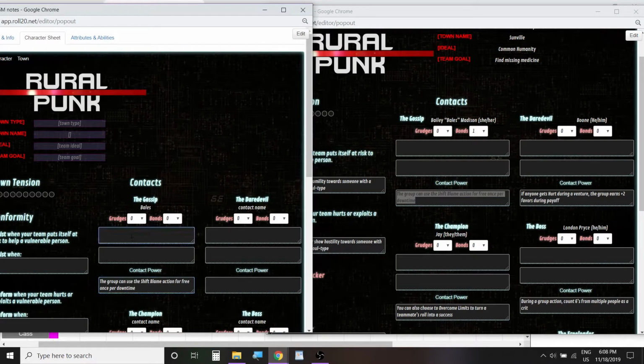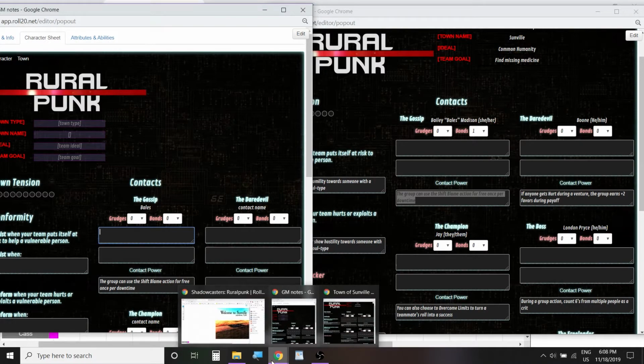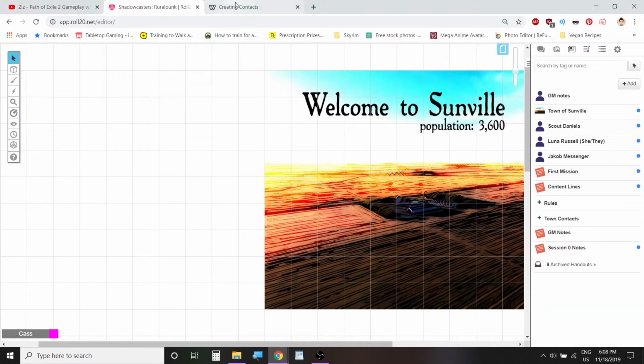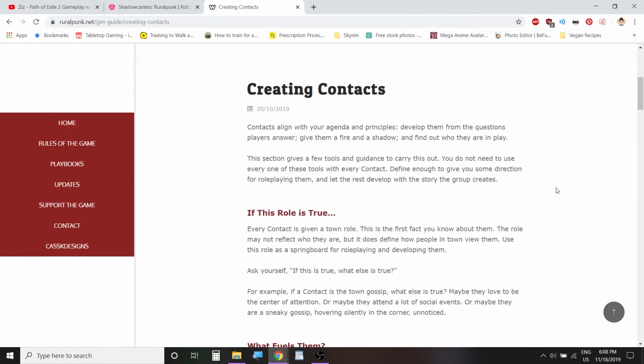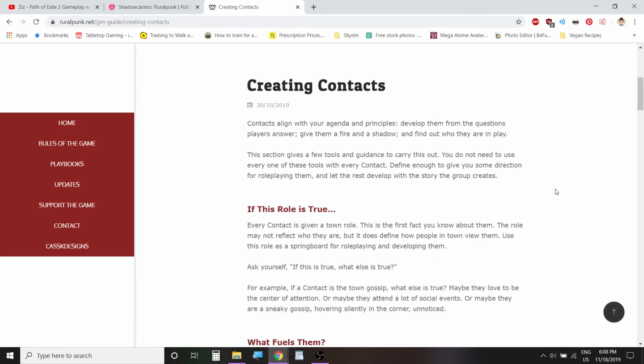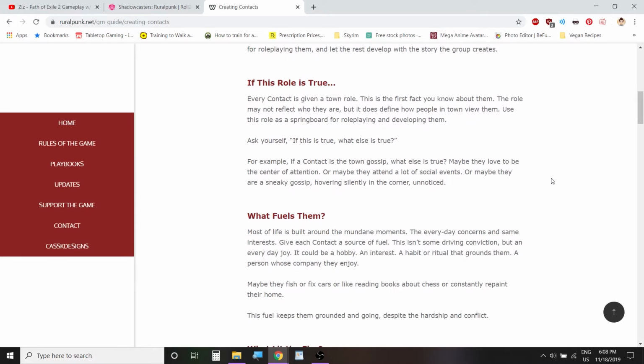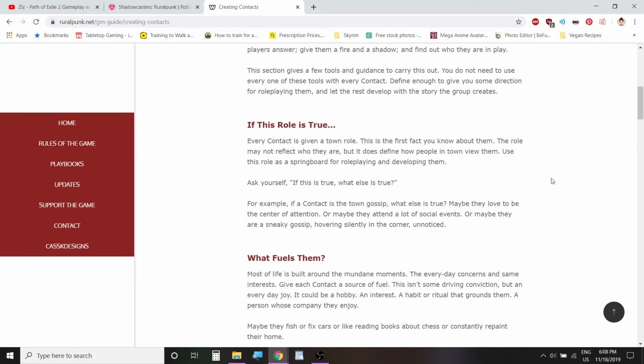And now I need to figure out two of Bales's traits. So I'm going to jump back over to the book. And the book has information about how to create contacts and different ways to start developing their personality and what they do. For now, what I'm going to focus on is just defining those two traits.